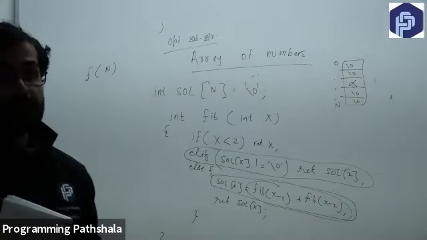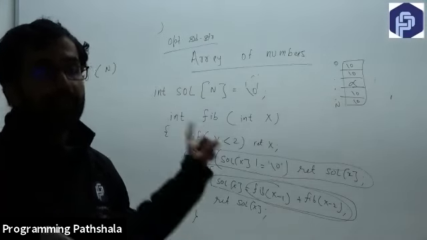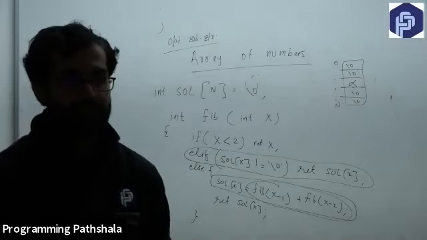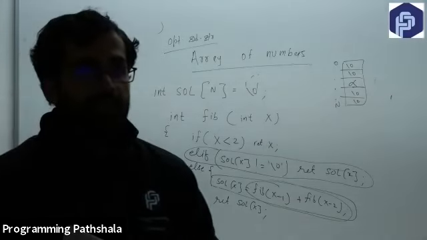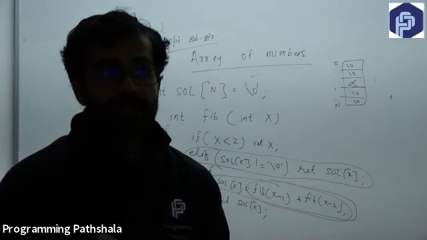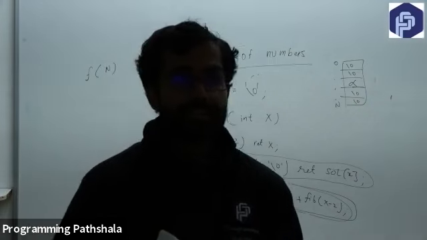Can you tell me in terms of n how many function calls are going to happen if I invoke f of n from the main function? Exact number of function calls. Are you sure this is going to be n, or do you think this is going to be something more than n or something less than n?